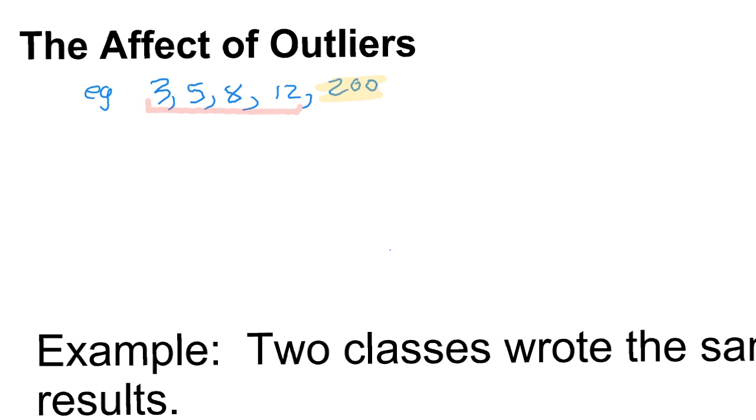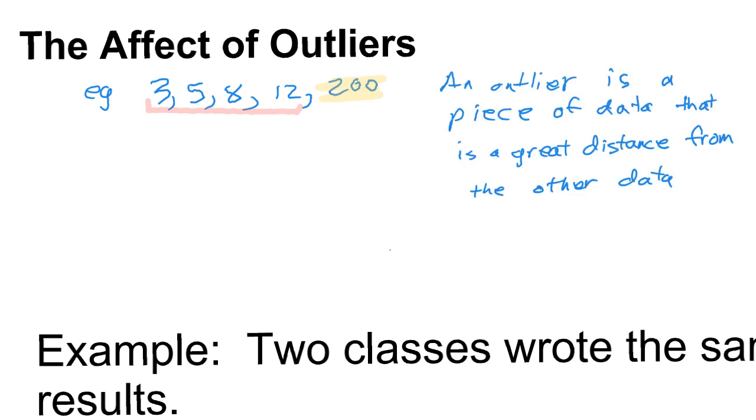Now, let's take a look at what I mean by that. So you would say an outlier is a piece of data that is a great distance from the other data. So if you look at this other data here, it's 3, 5, 8, 12, and then 200. Now that 200 is so far gone, it's going to affect things like the mean or the median of our data.